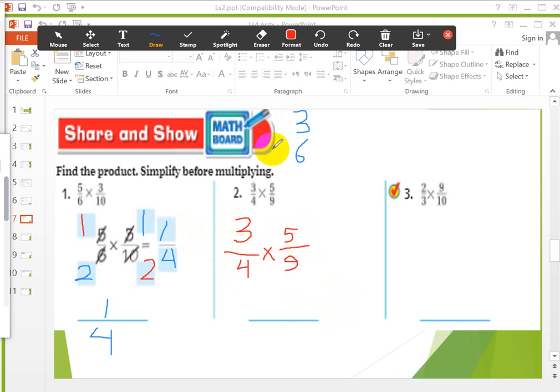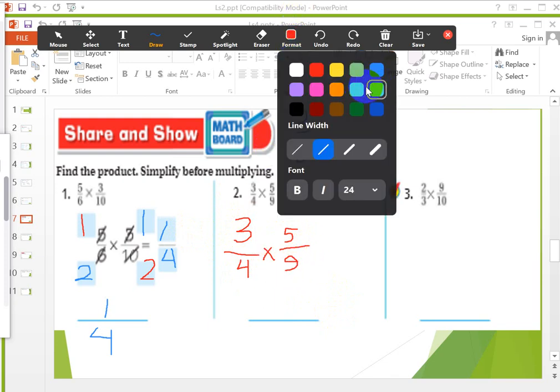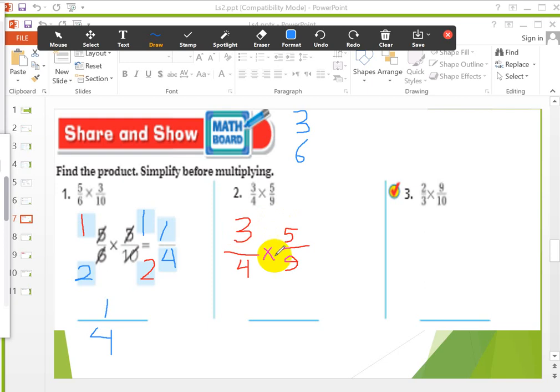So I want you to tell me, is there a greatest common factor between 3 and 9, the numerator here and the denominator right here? What is the greatest common factor? 3. Thank you. Let's divide 3 on 3. It will be what? 1. Thank you. 9 divided 3 equals what? 3. Thank you. So thank you, Jana.